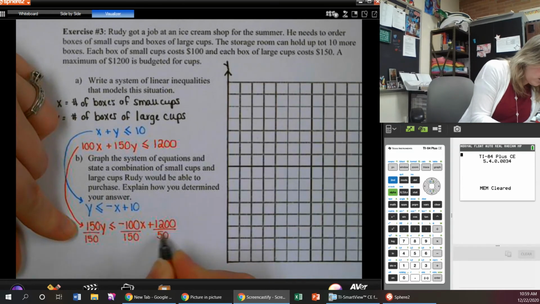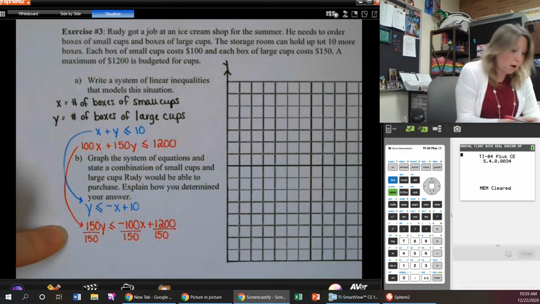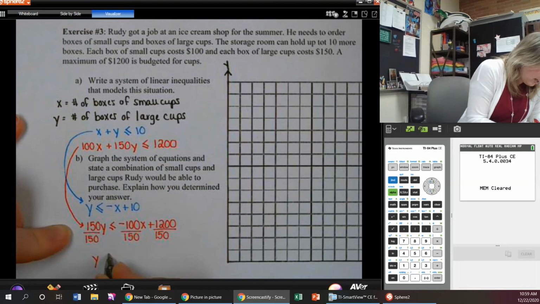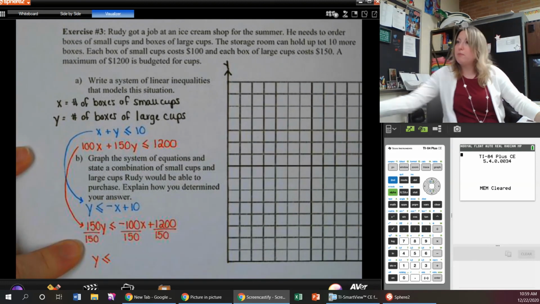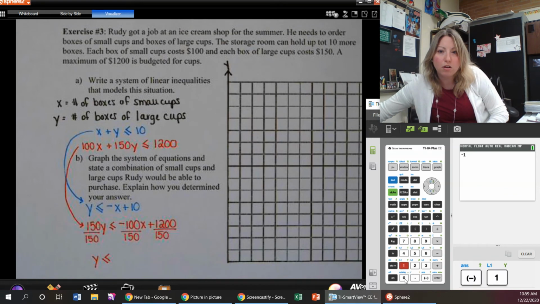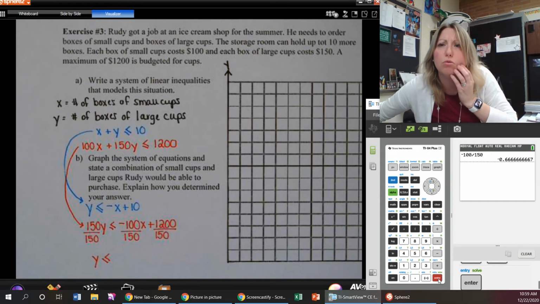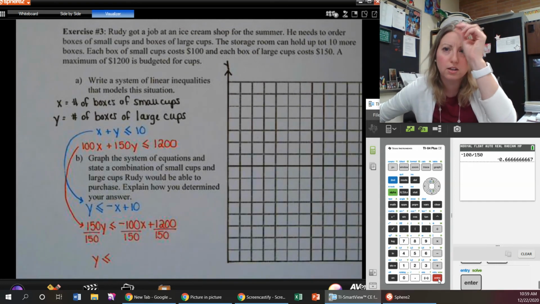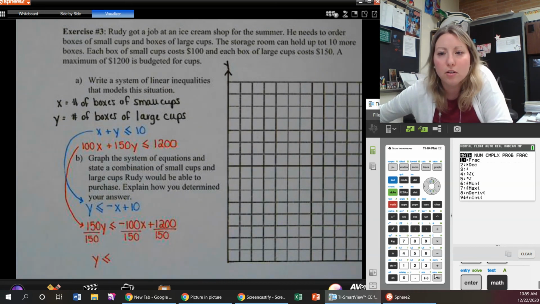So these numbers actually get significantly smaller. You get y is less than or equal to, well, I didn't divide by a negative, so that's good. Over on this guy, we've got negative 100 divided by 150. Oh, that's going to come out to be a fraction. I need that in fraction form though, because I need it as a slope, right? So let's do math and see how this is, change it to a fraction.